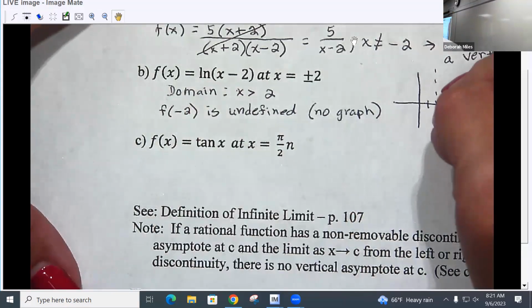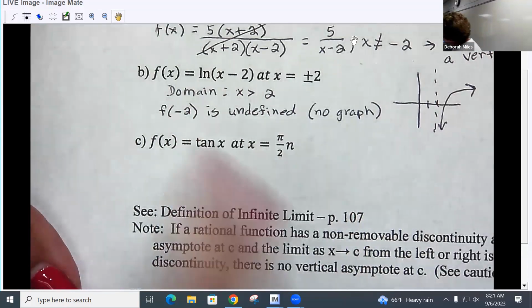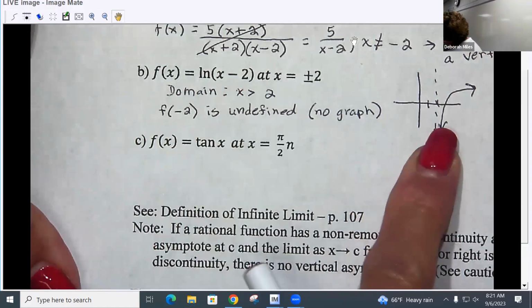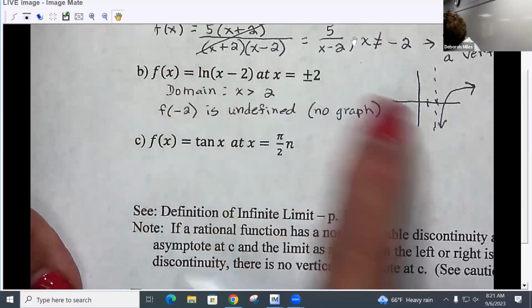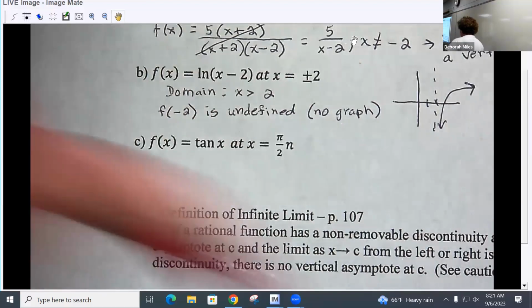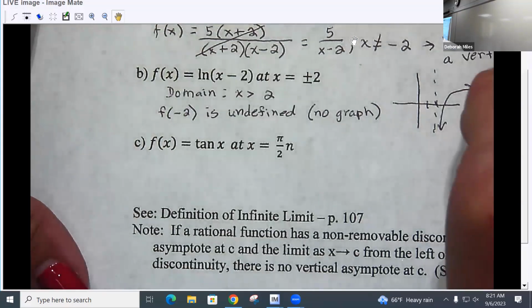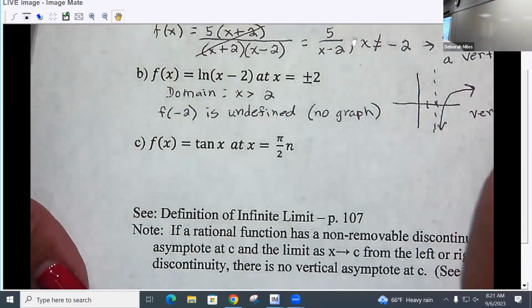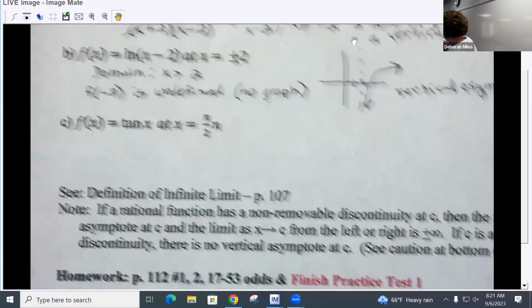And then the graph is basically that shape. So that one is the basic shape of natural log, but the whole graph is shifted 2 to the right. So there's a vertical asymptote at x equals +2.